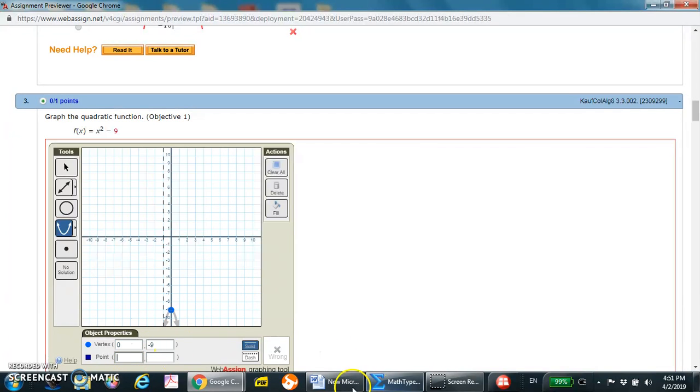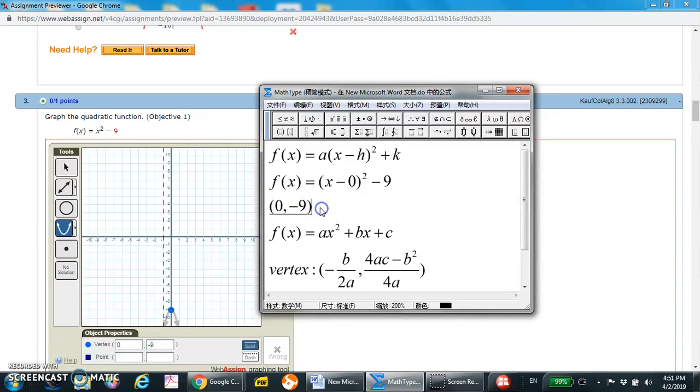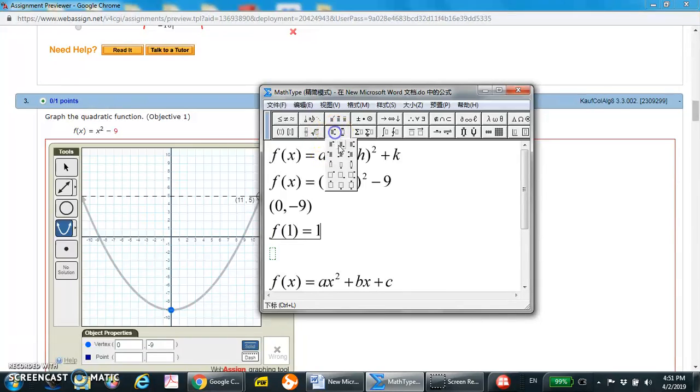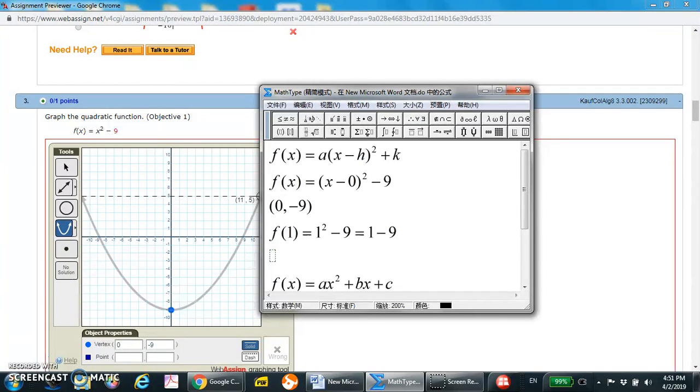So to find the second point, what we do here is just like how we graph a linear function. We choose a random number for x, and then we compute the y value for that corresponding x. Then we can find the second point. So for example, if I choose x to be 1, so when x equals 1, the function value is 1 squared minus 9, and that equals 1 minus 9, that equals negative 8.